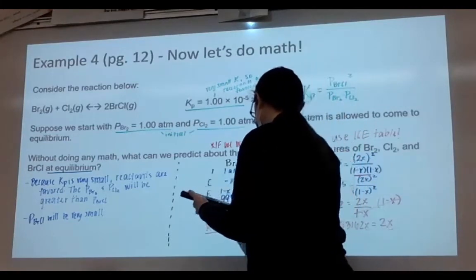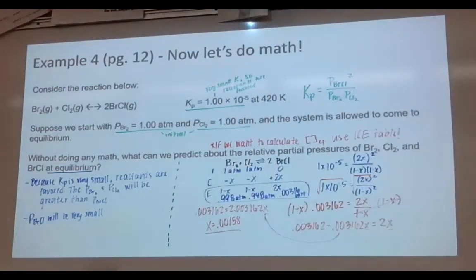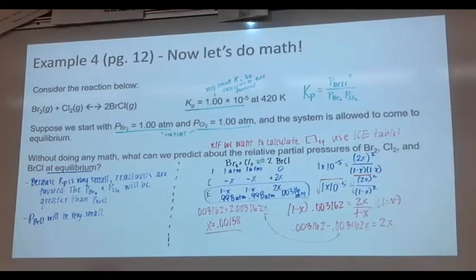So all of these are pressures, so these are atm. But they are actual equilibrium concentrations. Notice how the pressure of Br2 and Cl2 is much greater than the pressure of BrCl.